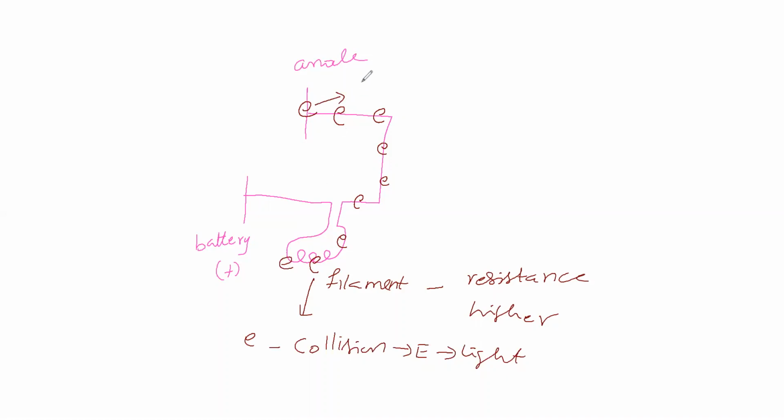Here the electron has energy, and this electron also has energy. What about the energy of this electron and the energy of this electron? Due to collision the bulb glowed, so we got light energy.